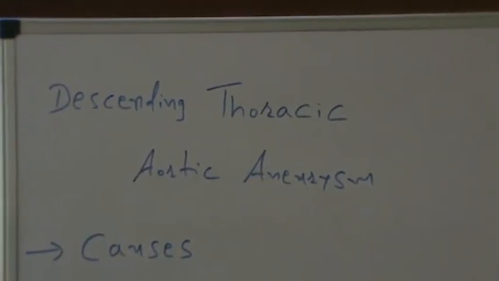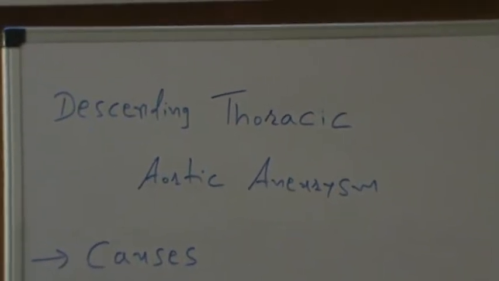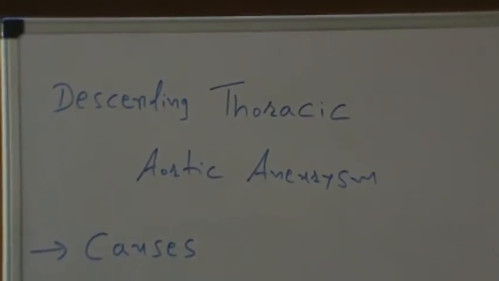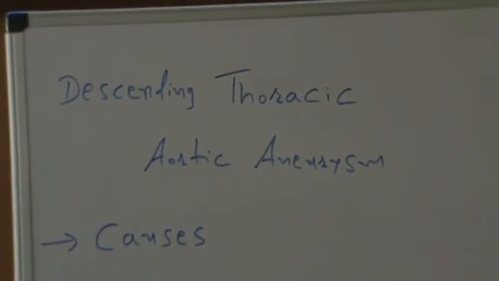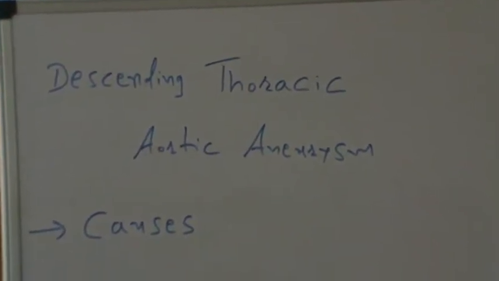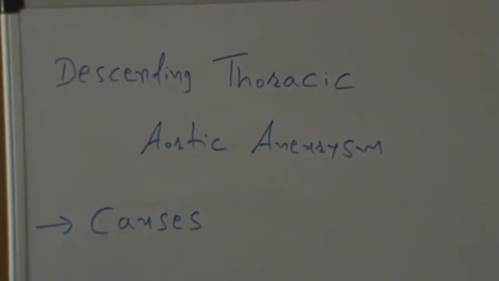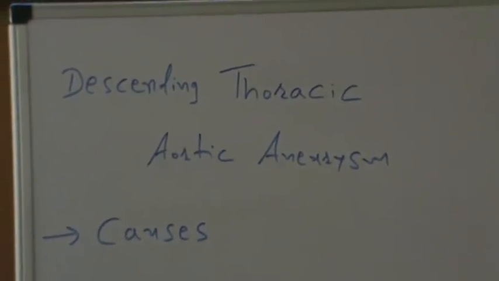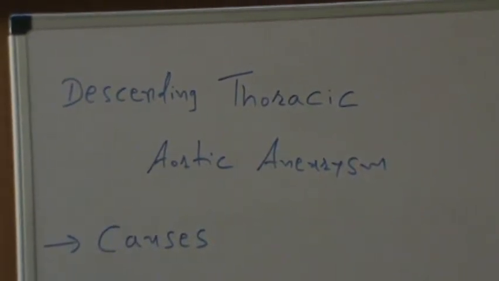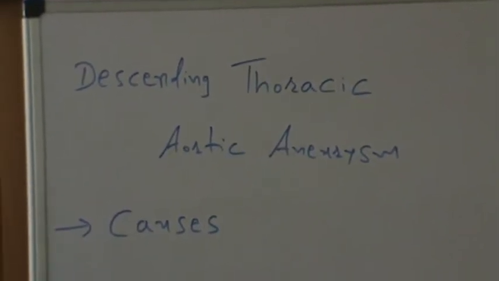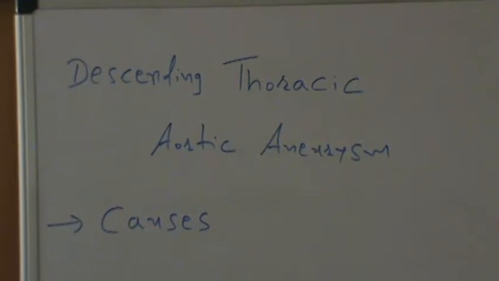The descending thoracic aorta is located in the posterior thorax, the back part of your chest cavity. As the aortic arch curves from the front portion of the thorax towards the back, the descending thoracic aorta continues down the posterior portion of the chest cavity.